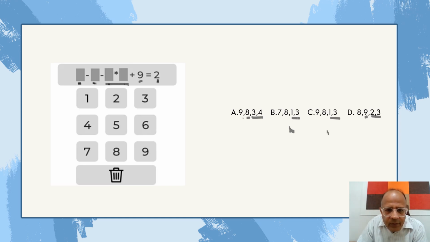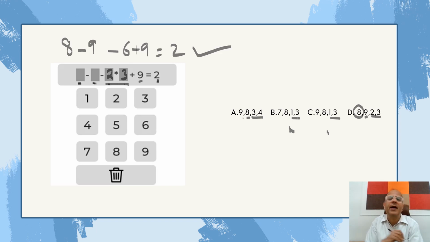Let's say 2 and 3 would make it effectively minus 6 plus 9, and with 2 3 I have a 9 over here, which is minus 6 and minus 9, minus 15, and a plus 9. Plus 9 is going to be minus 6, and 8. If I put an 8, it worked and it matched.